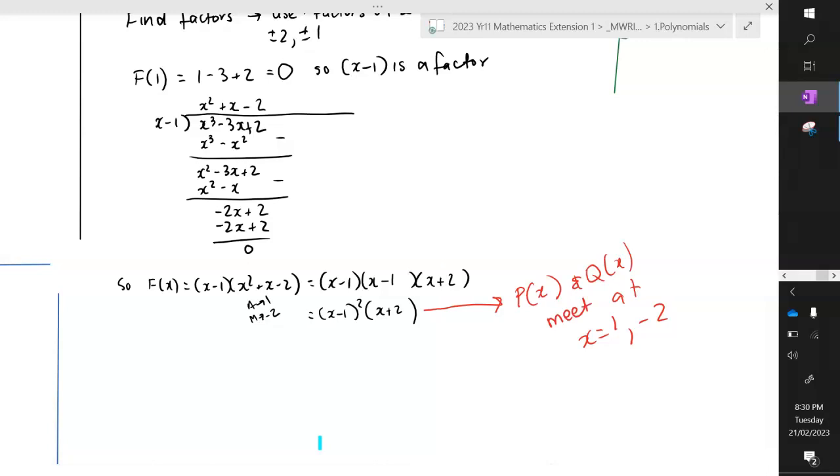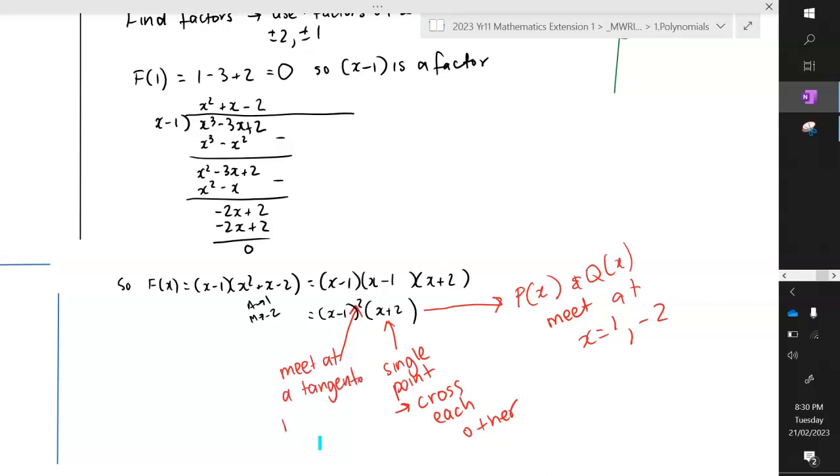And when we get a single point where they meet, a single root means that they cross each other. And this is where, when we have powers in here, the power of 2 is telling us that the two curves are going to meet, but they're going to meet at a tangent.